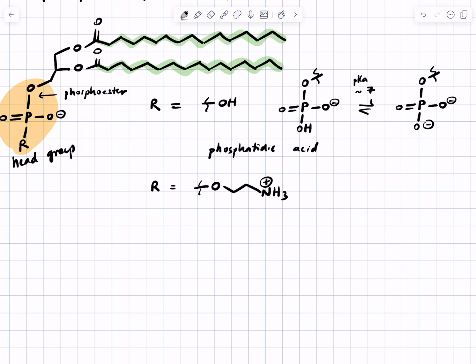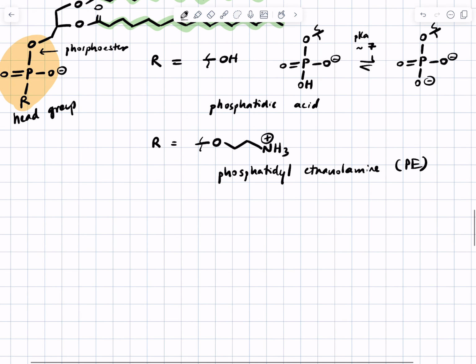This two carbon one with an oxygen on one side and amino group on the other is called ethanolamine, and the resulting phospholipid that has ethanolamine is sometimes called phosphatidylethanolamine, which can be abbreviated as PE for people that are interested in lipids. And different organisms and different cell types have different compositions of phospholipids in their membranes. We haven't talked about the lipid bilayer yet, but that's where we're going.